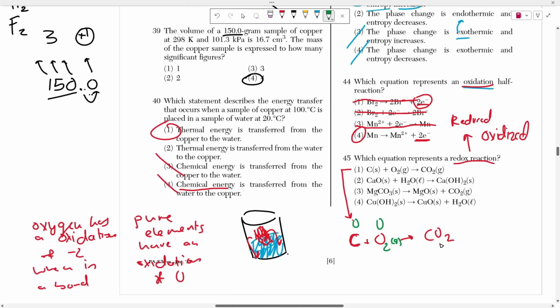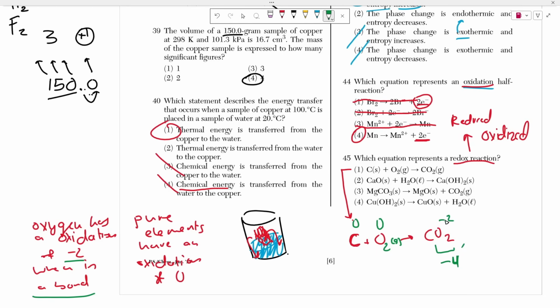Now we have carbon and oxygen, or CO2, and we see here how this oxygen is bound to a carbon. Now, what do we say? Oxygen has an oxidation state of -2 when it's in a bond. But we have 2 oxygens here. So in total, the oxygens are contributing an oxidation number of -4, right?